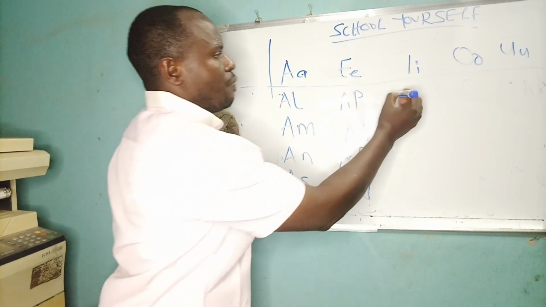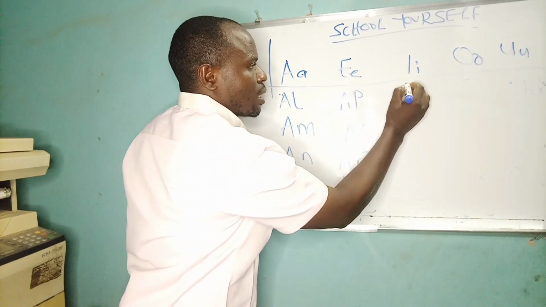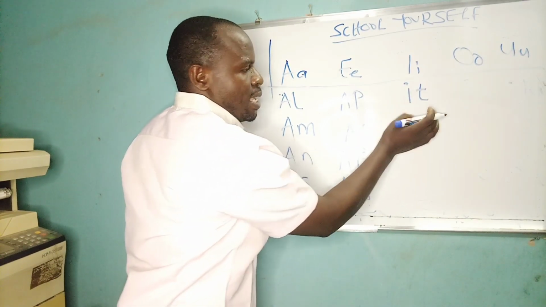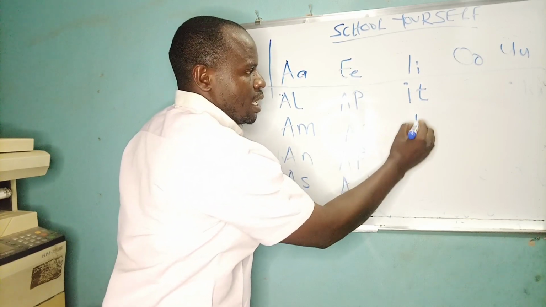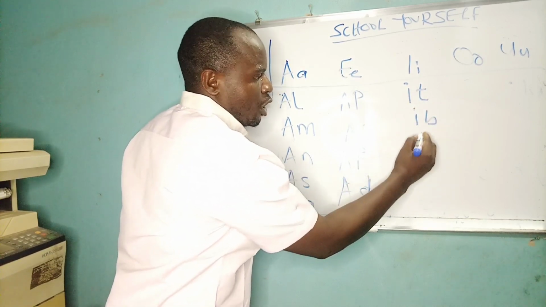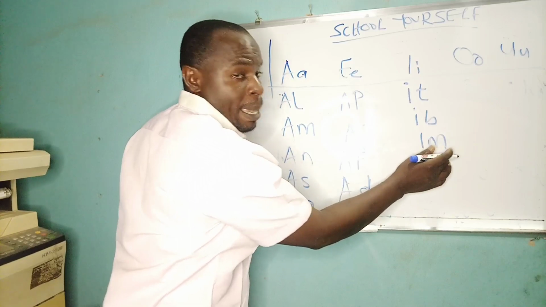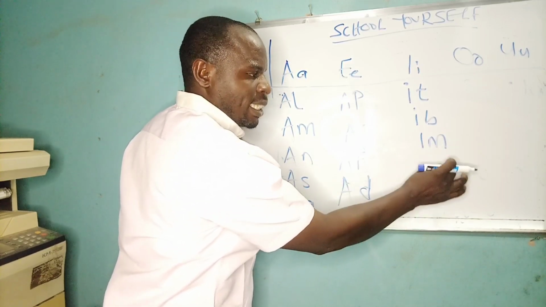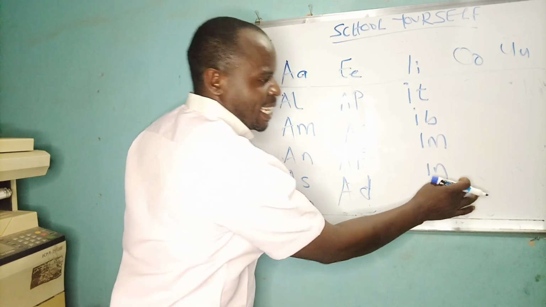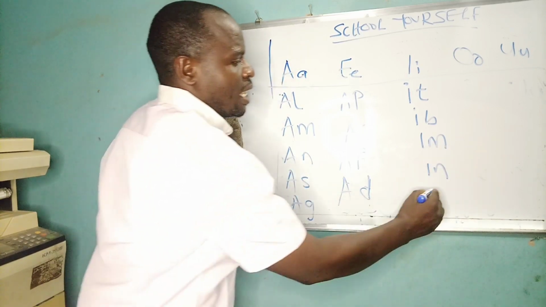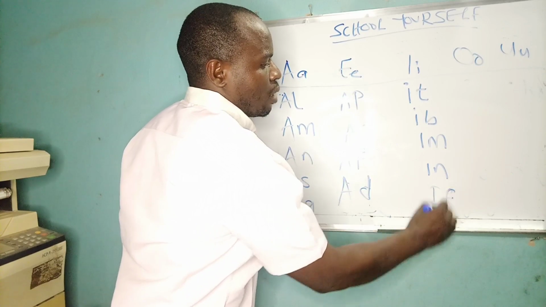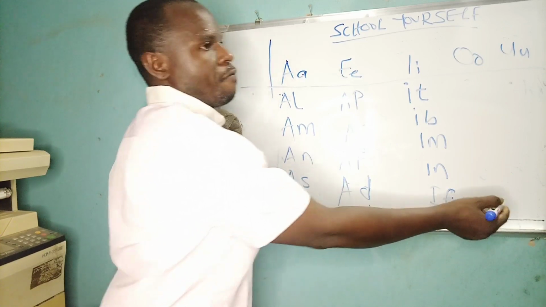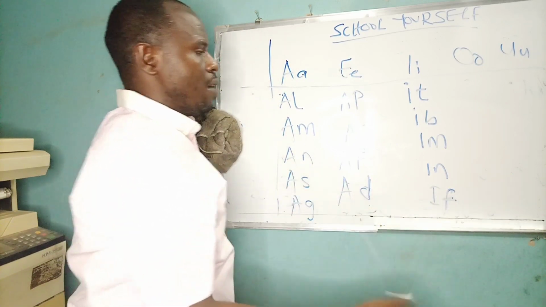And we have if the vowel is E sound, E with T, that's eat. E with B, eep. E with N, en. E with F, ef.